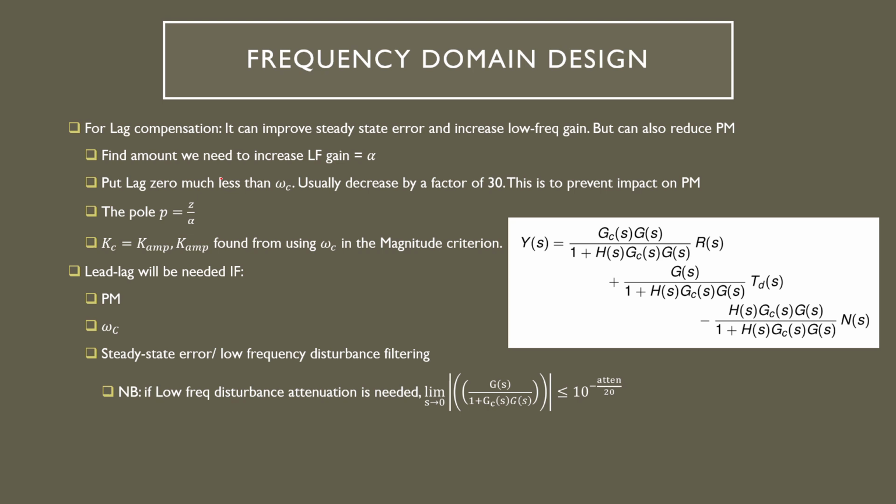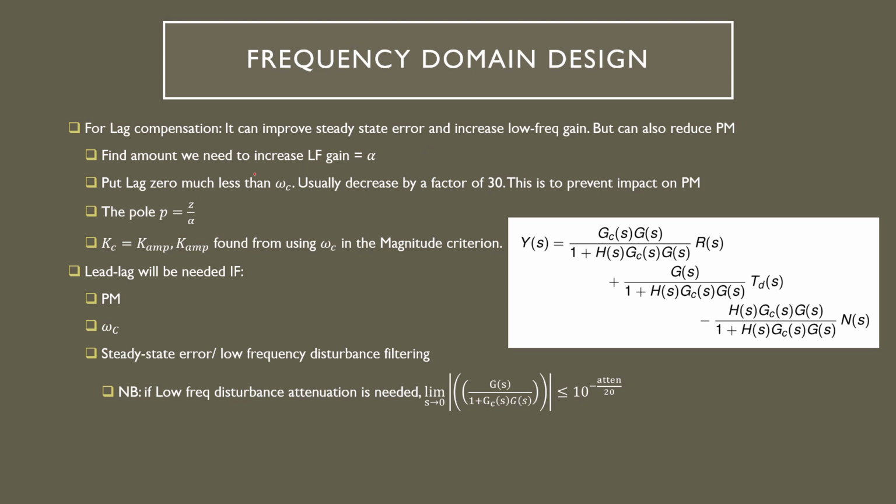Okay, let's talk about lag compensation. Lag compensation has the benefit of being able to improve the steady state error as mentioned, and it can increase the low frequency gain, but it reduces the phase margin. I'll get to that in a second.